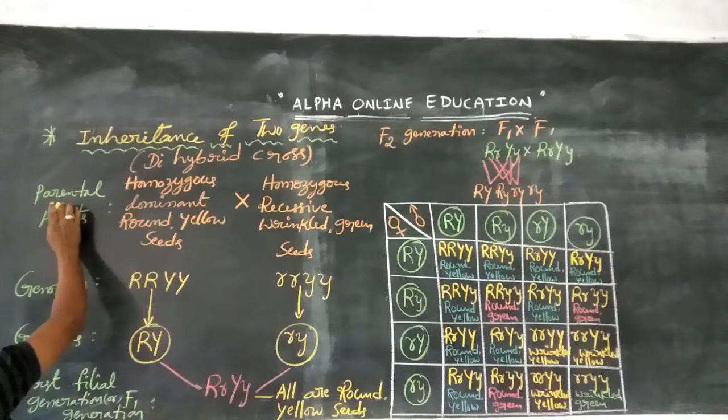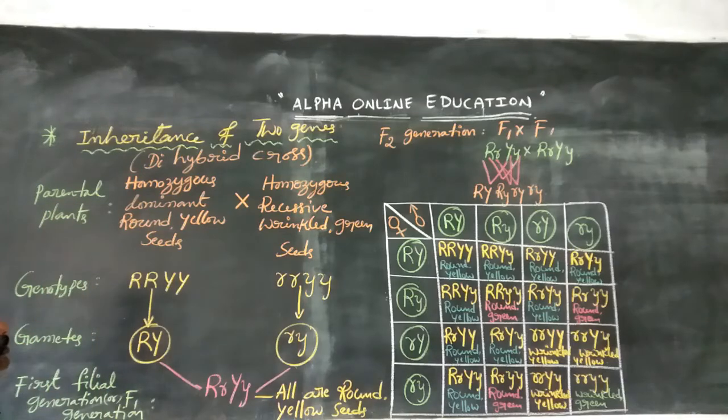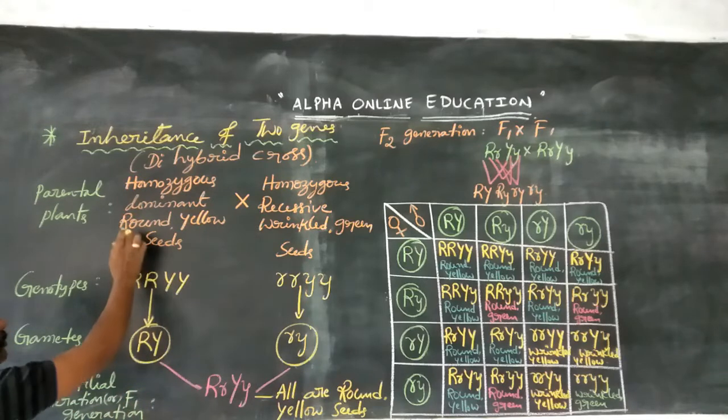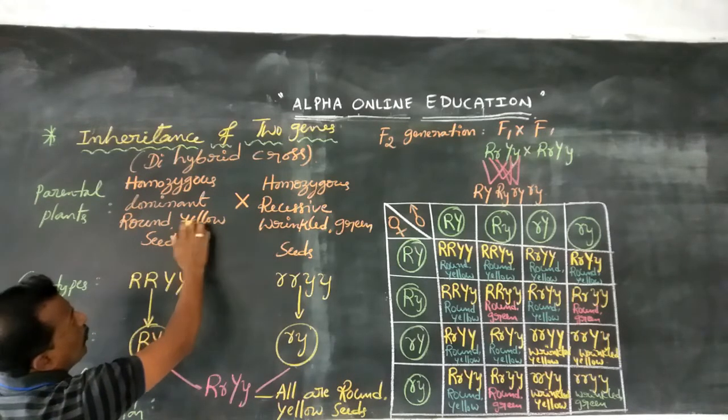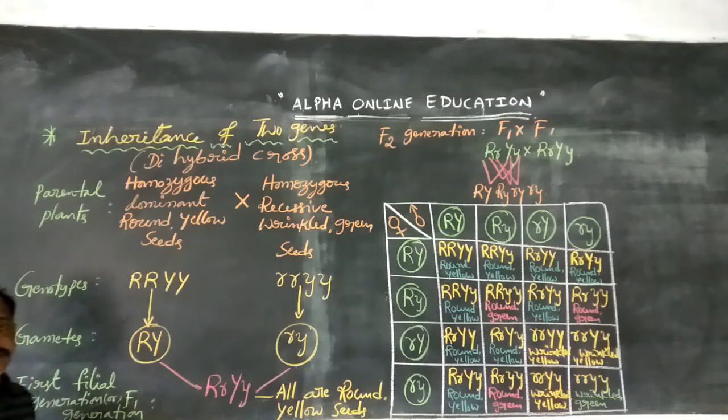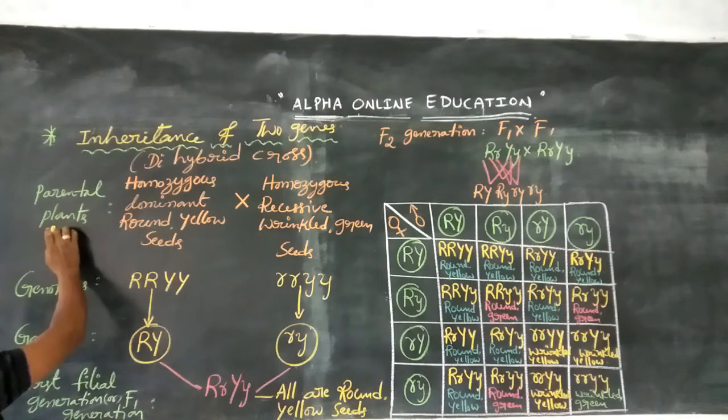Here Gregor Johann Mendel took two contrasting traits, such as round and wrinkled seeds, and yellow and green seed color. First, let us observe the parental plants.